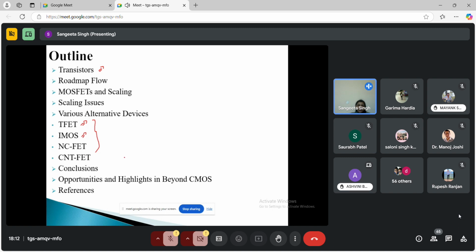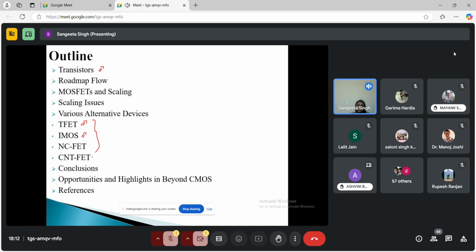Apart from these four, there are n number of other things, like valleytronics and spintronics. I have partially covered spintronics in my research as well, but I have not kept it as part of today's talk. Probably sometime we can talk about spintronics, but today's discussion will be limited to these four devices: their key potential aspects, their key challenges, and how we can start doing research in these devices.